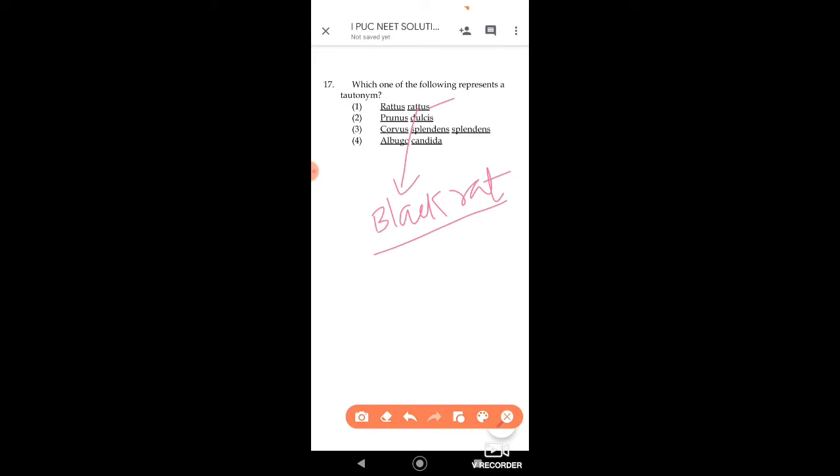The second option which they have given is Prunus dulcis. This is the scientific name of almond. Then the third option, Corvus splendens, is the scientific name of house crow.